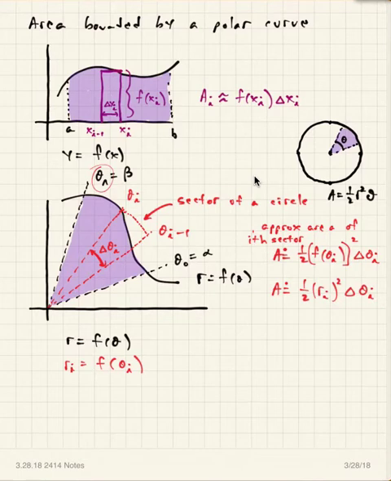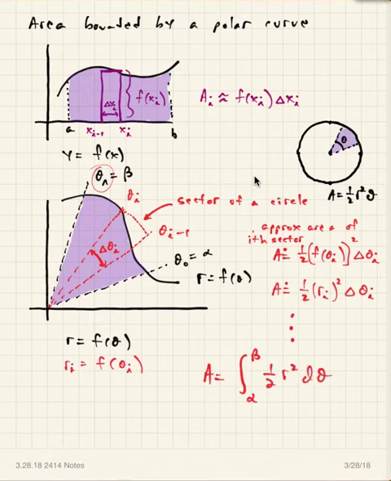We end up with a Riemann sum, and taking the limit of a Riemann sum, we end up with an integral. We're going to skip over that part, but I wanted to show you where this form came from. And so we end up with the integral from alpha to beta of 1/2 r squared d theta.